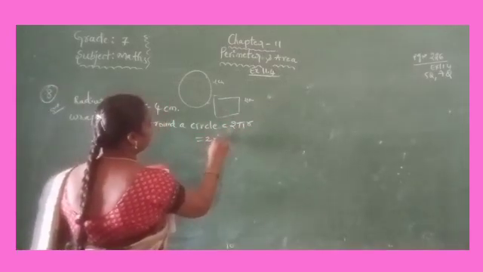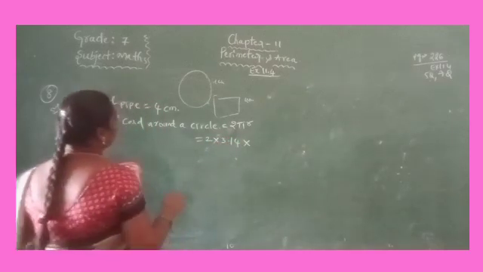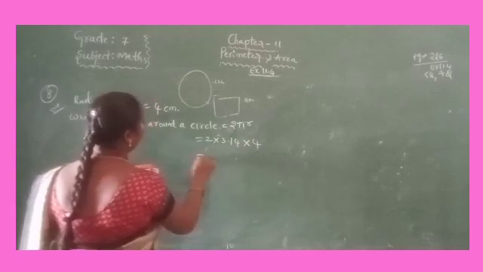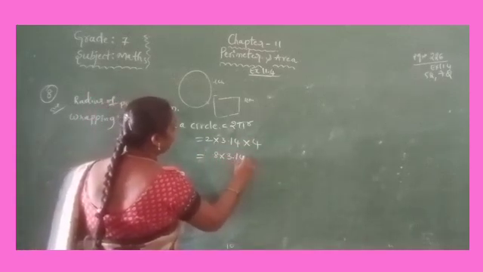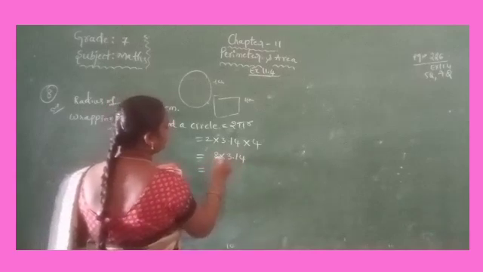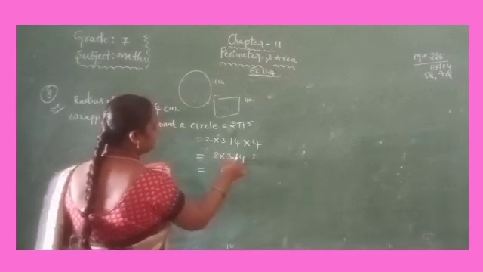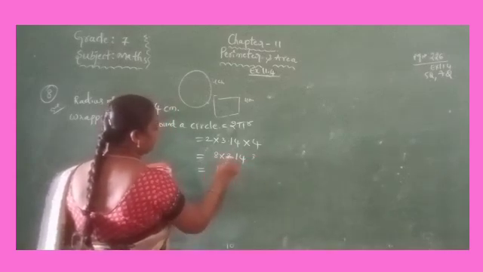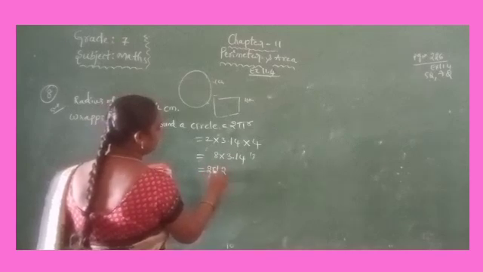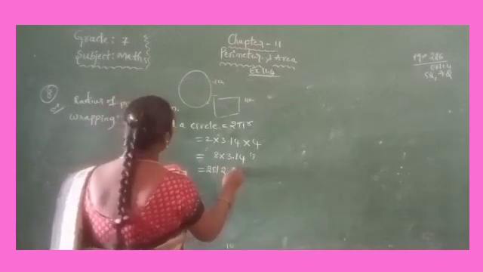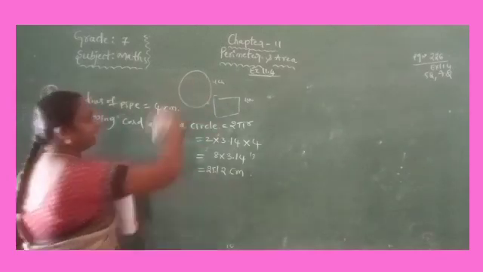So 2 into pi, take 3.14, and the radius is 4. Now multiply: 2 fours are 8 into 3.14. 8 times 4 is 32, 8 ones are 8 plus 3 is 11, next 8 times 3 is 24 plus 1 is 25. That is 25.12 centimeters. That is the cord wrapped around the circle.